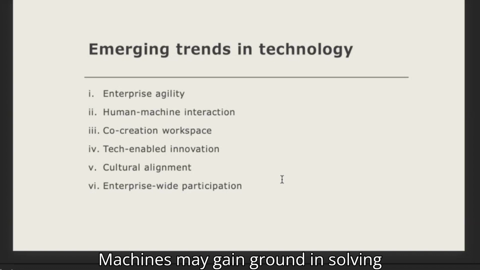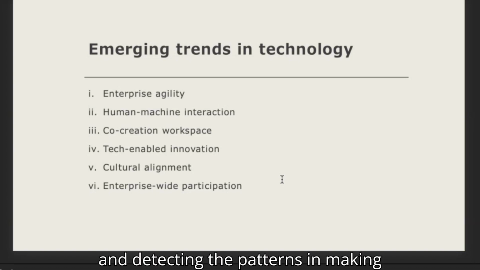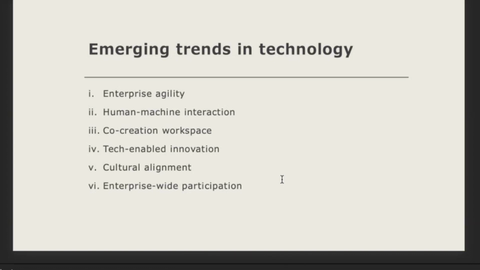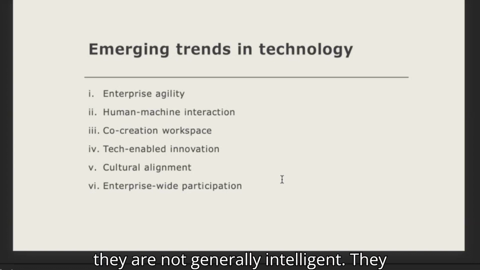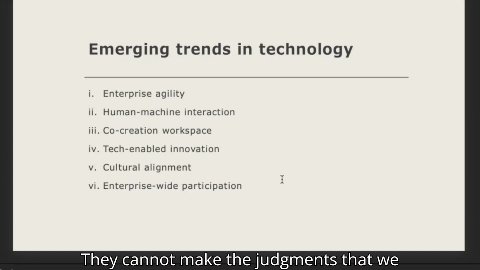Machines may gain ground in solving structured problems and detecting patterns in making predictions. But they are not generally intelligent. They are not creative. They cannot make the judgments that we need to understand.